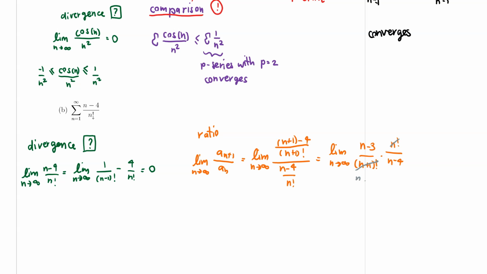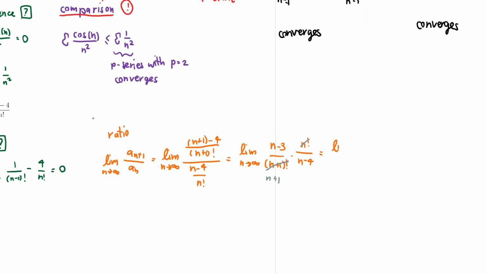I'm going to have n plus 1 here. So I'm going to be left with the limit of (n - 3) over, if I multiply these two things, I'm going to get n squared minus 3n minus 4, when n goes to infinity. Now then, I can divide n squared in both numerator and denominator.